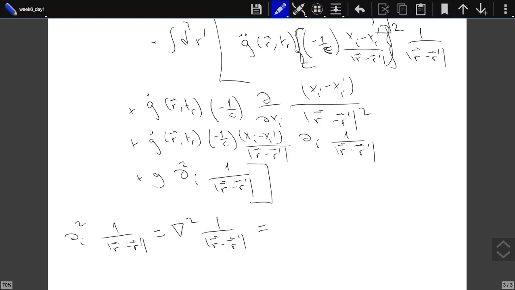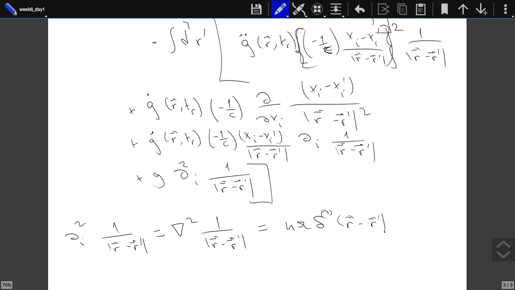It's the Dirac delta. You see, 1 over r minus r prime is nothing but the potential created at the point r by a point charge at the point r prime. The volume density is just a Dirac delta. This is 4 pi Dirac delta of r minus r prime.